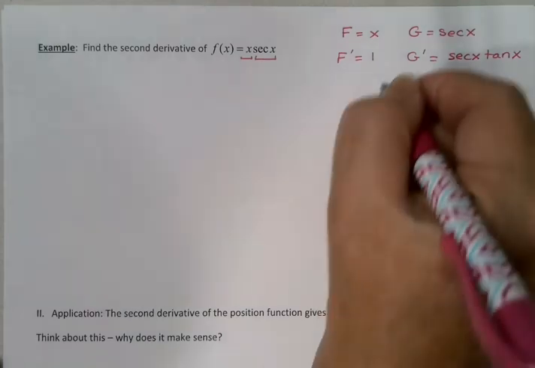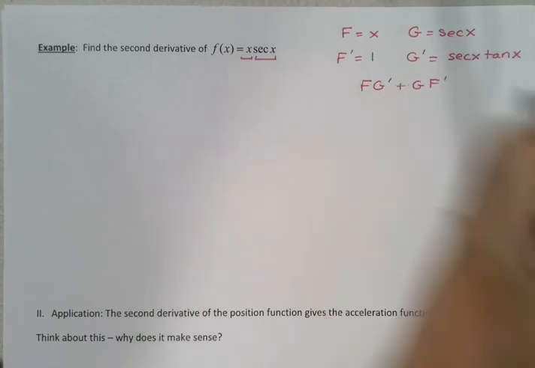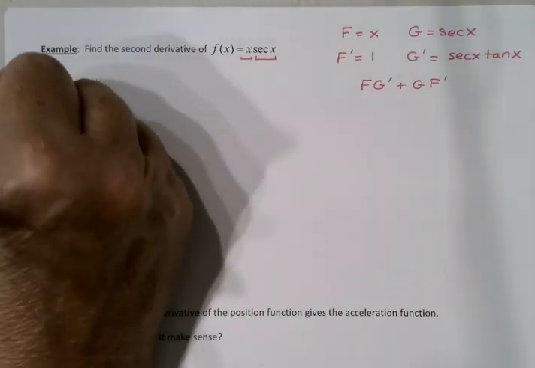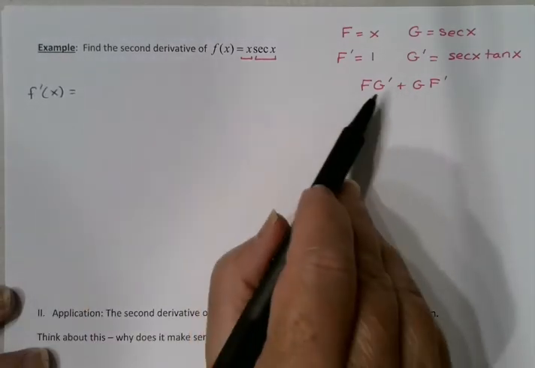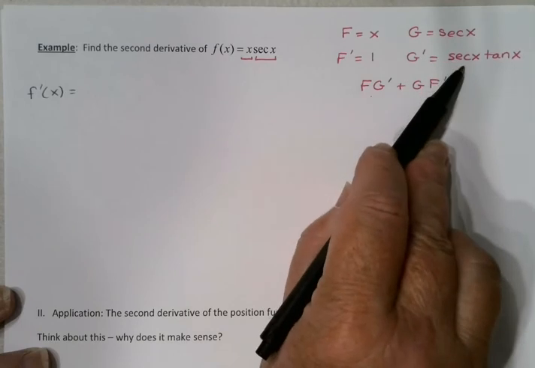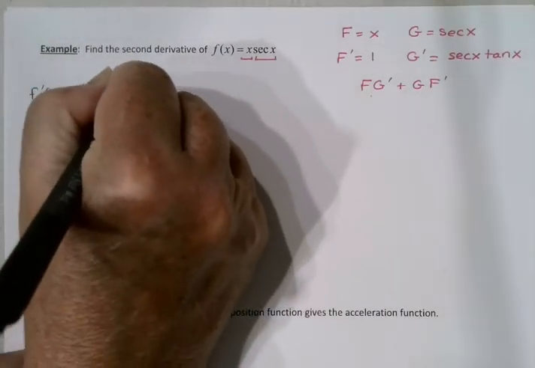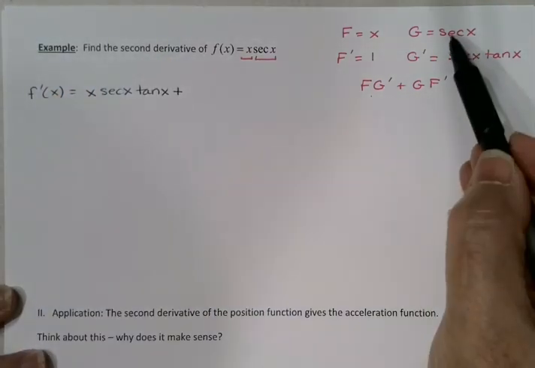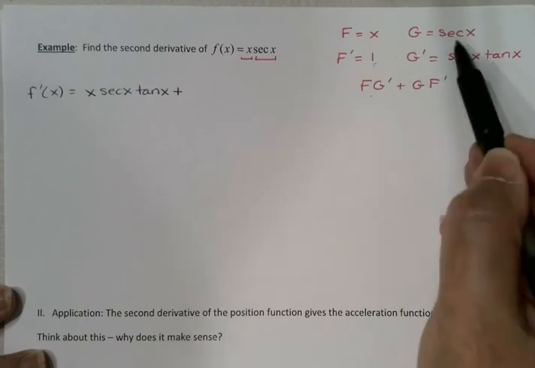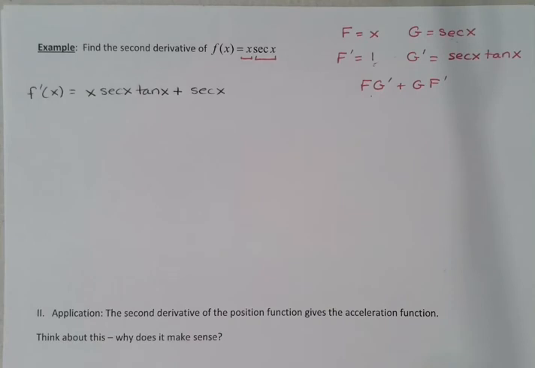And so putting in my product rule, f g prime plus g f prime, the first derivative, f prime of x, is f g prime, x secant x tangent x, plus g f prime, which is just 1 secant x. All right, let's try the second derivative.